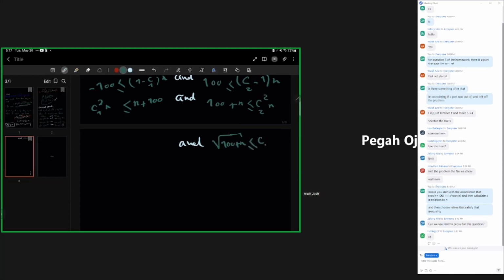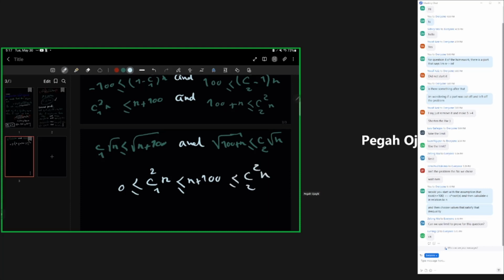It's going to be C2 here, and then this way it's going to be C1 n plus 100. So based on all of these things, I have C1 n, that was the C2 n. This part is going to be greater than 0 because n is positive, this one is positive. This is less than n plus 100.